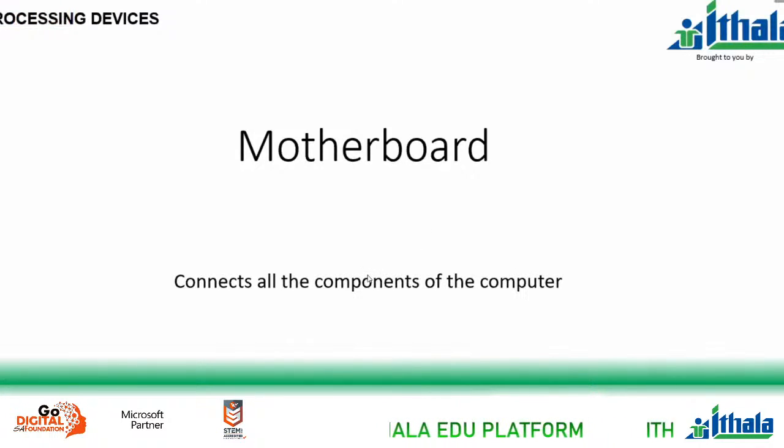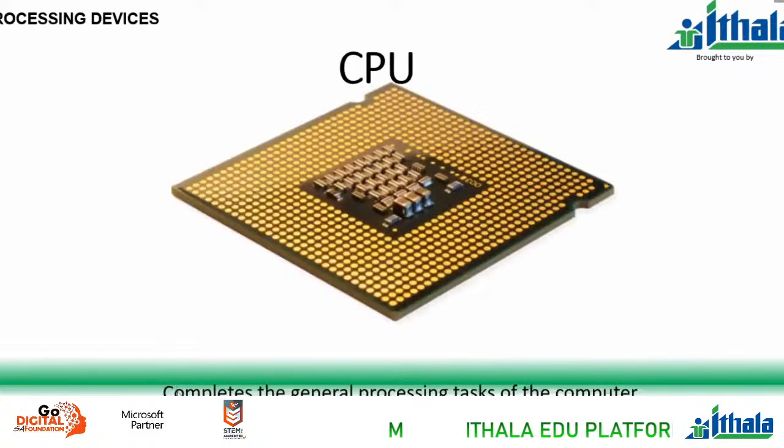And then the next thing that you have to have with processing devices is a CPU. This is how a CPU actually looks. I know some of you will think, what is a CPU? It is often called the computer, and most of you were made to believe that. But the CPU completes the general processing tasks of the computer, as the name suggests.